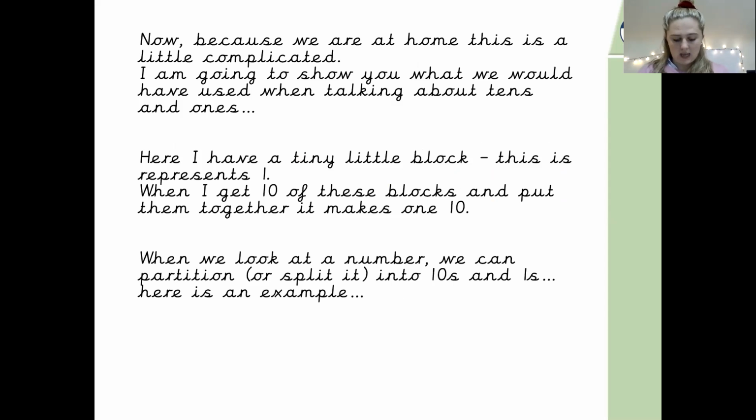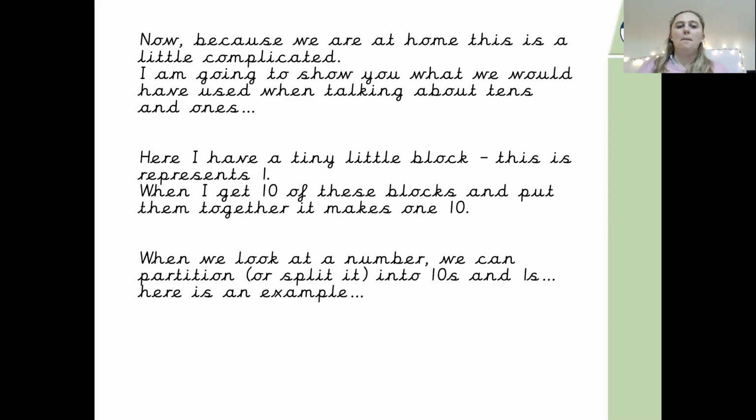So here I have these tiny little blocks. Can you see them? Yeah? This represents 1. Okay, so when I get 10 of these tiny blocks and put them together, they make 1 ten.